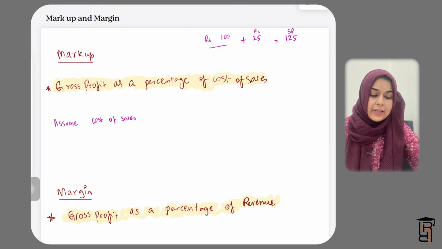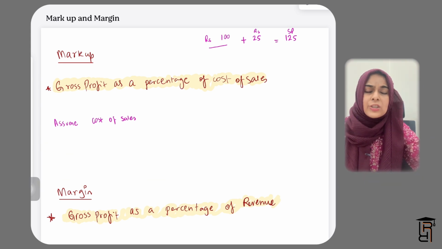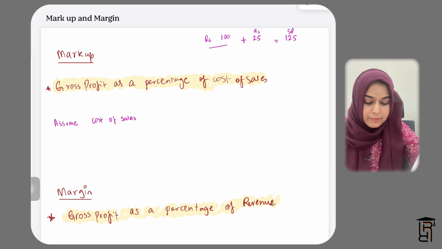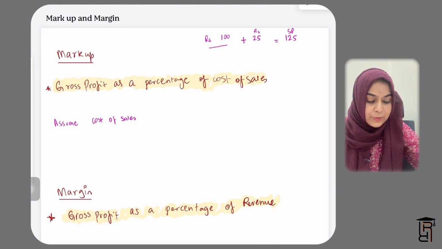If we say in percentage terms, cost of sales is 100%, and gross profit in this pen case will be 25%, and then my revenue, or sales, or the selling price of one pen, it's one and the same thing, is going to be 125.